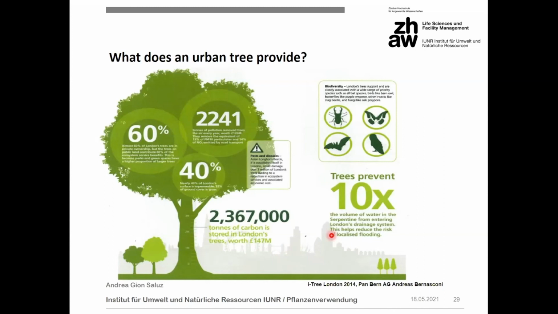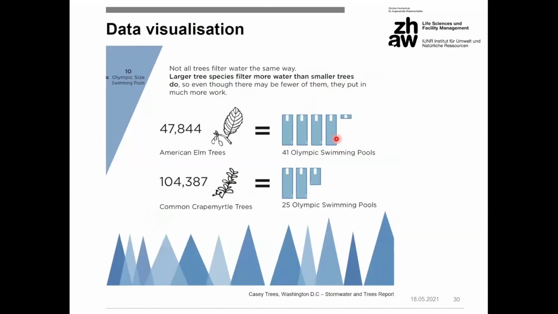You can do that in several ways. For example, here, what Casey Trees has done in Washington, D.C. in their Stormwater and Trees report, they calculated the avoided runoff in Olympic swimming pools, so that everyone has an idea of what trees provide to the city environment, and of course for every citizen.